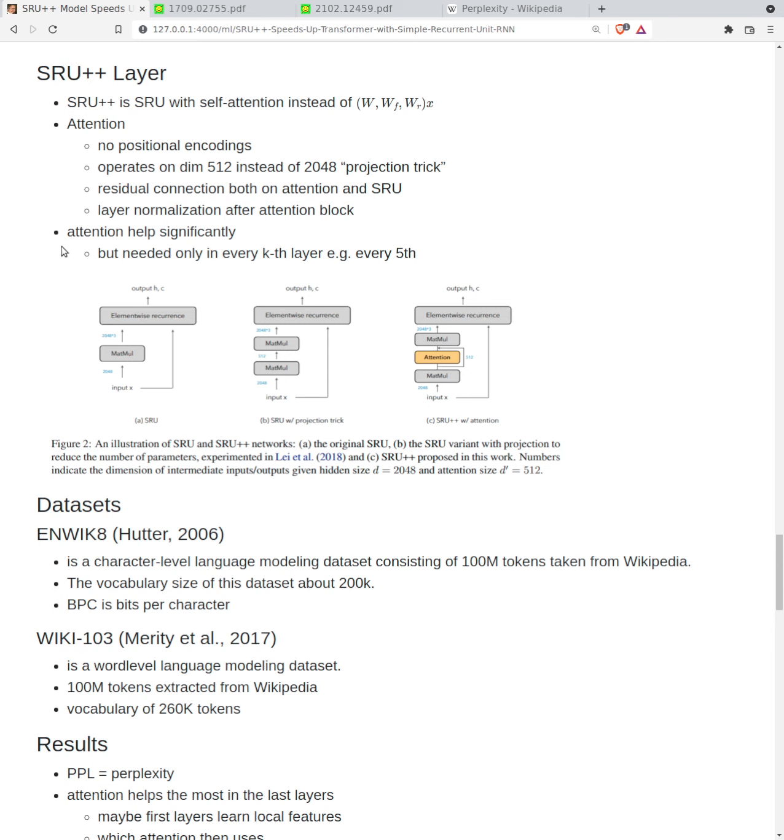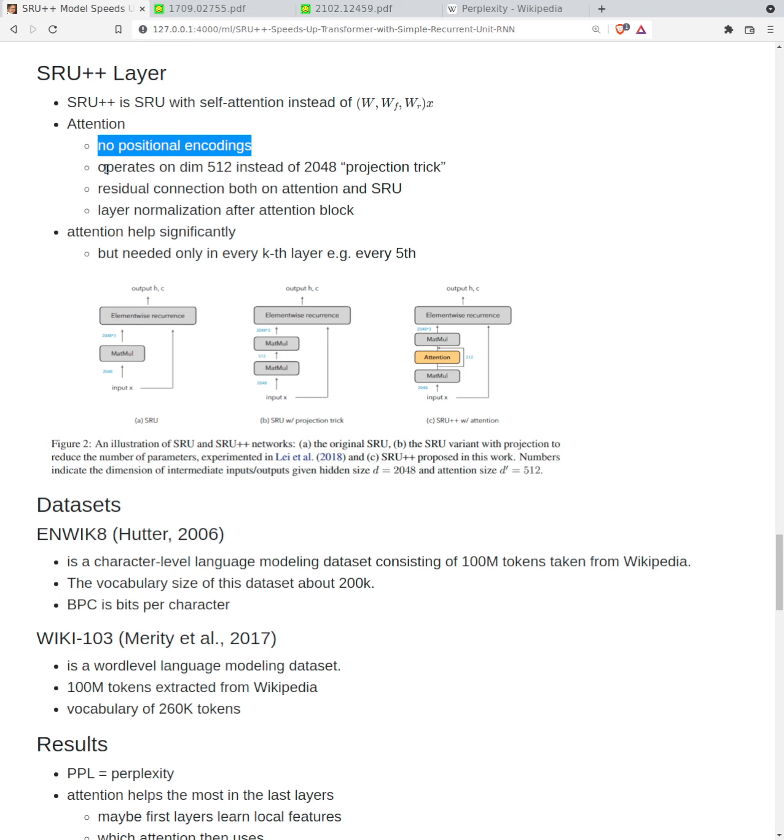Right? What it means is basically that if you remember those matrix multiplications in SRU, you basically replace them with self-attention. It's a little bit more complicated, but that's the basics. What they do is that they don't use any position encodings.